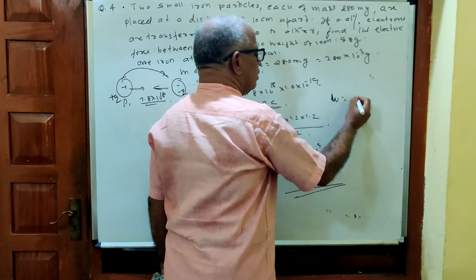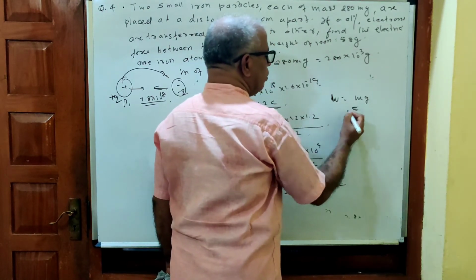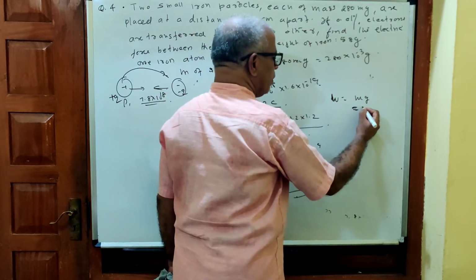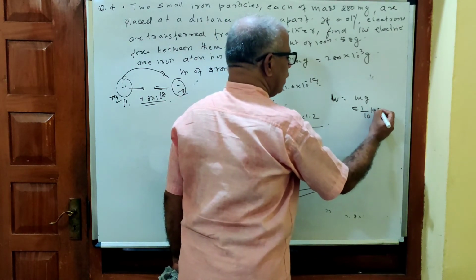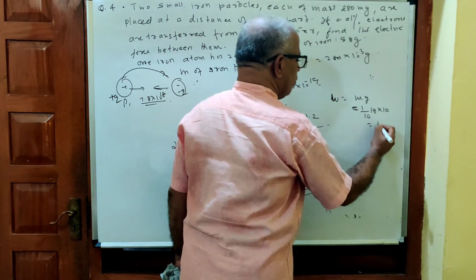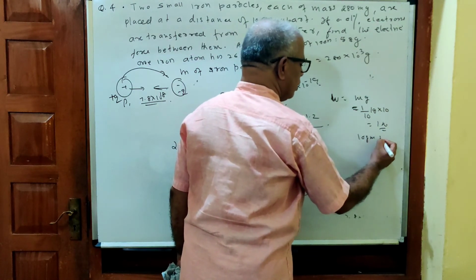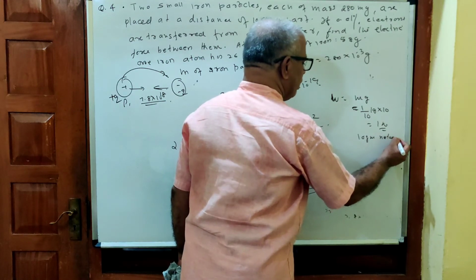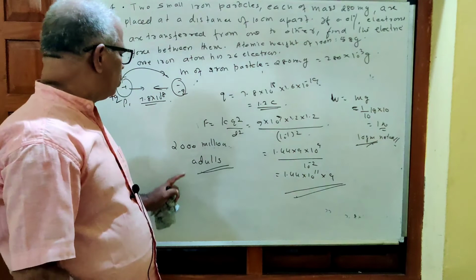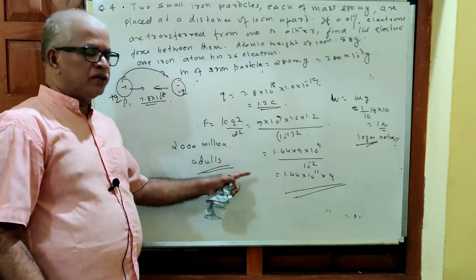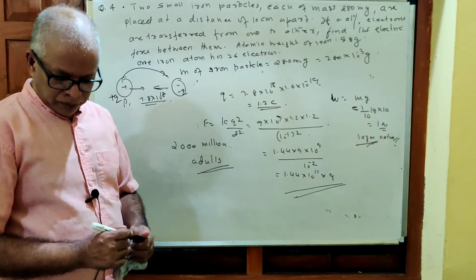W is mg. 1 Newton is equal to how much? 1 by 10 kilogram into 10 is 1 Newton. 10 gram weighs 1 Newton. From here we can arrive that 2000 million adults' weight is this force. Such a huge force it is. Thank you.